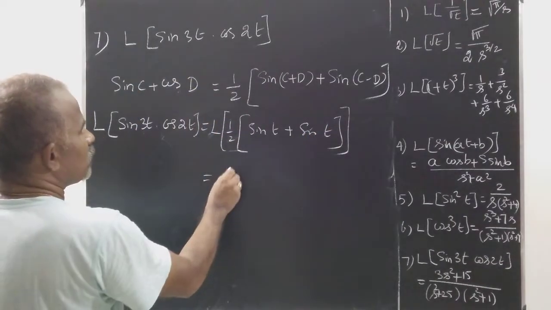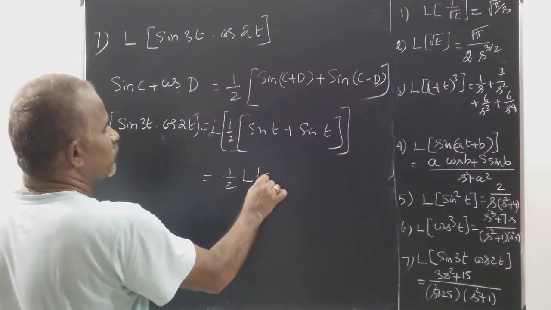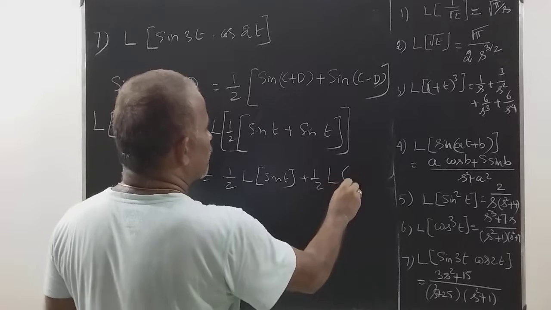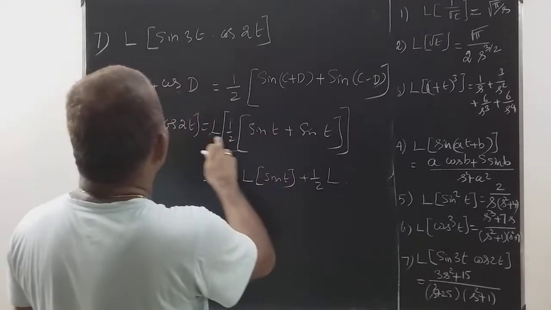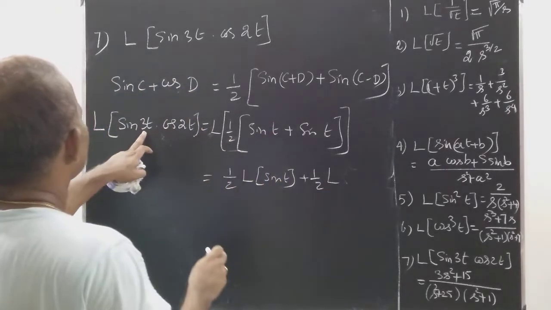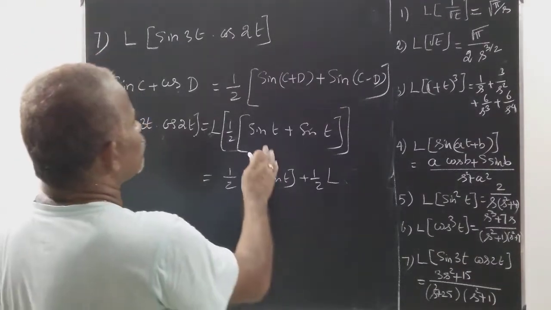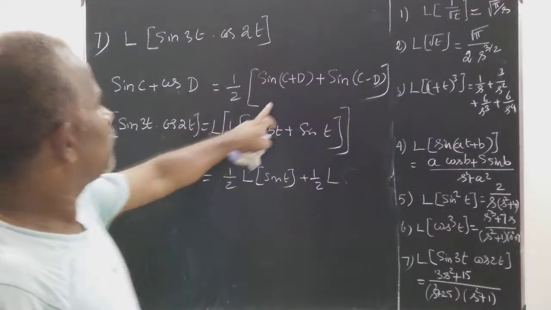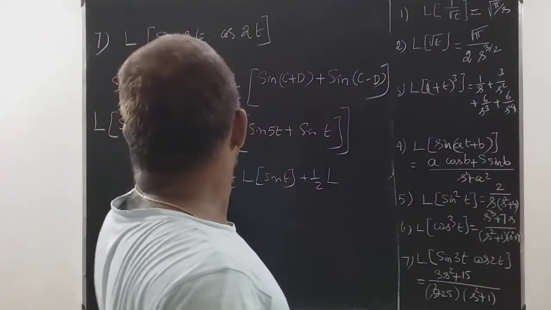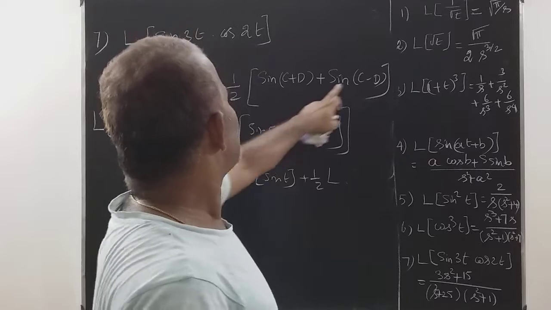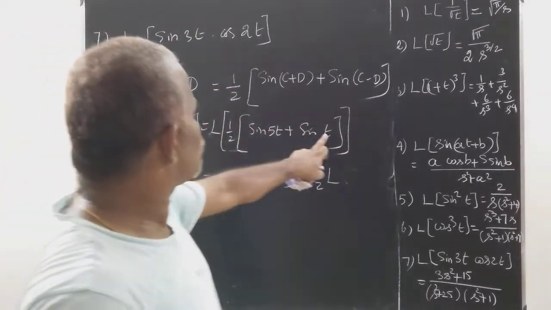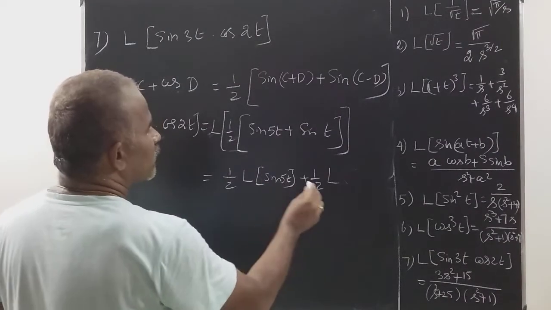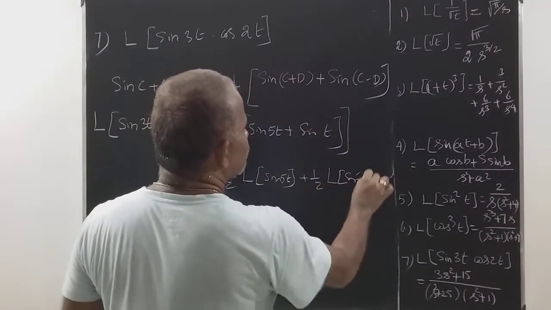So therefore 1 by 2 into Laplace transformation of sin 5t plus 1 by 2 into Laplace of sin t. Here it is sin 3t and cos 2t, C plus D, that is 3t plus 2t equal to 5t, C minus D is equal to 3t minus 2t, that is t. Okay. So therefore here is sin 5t, here is sin t.